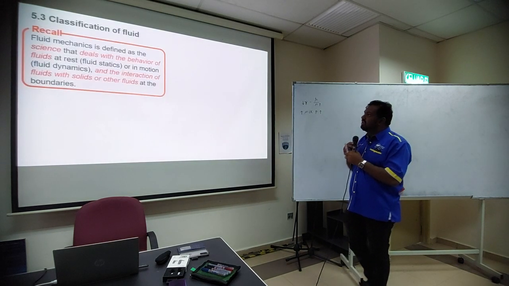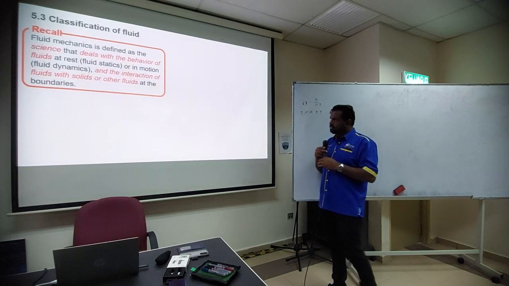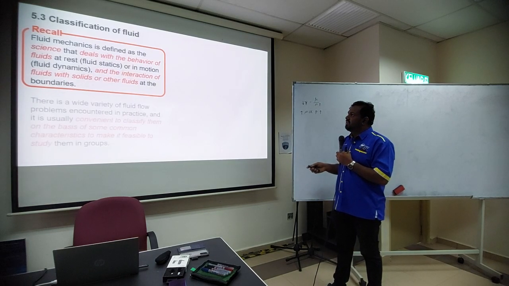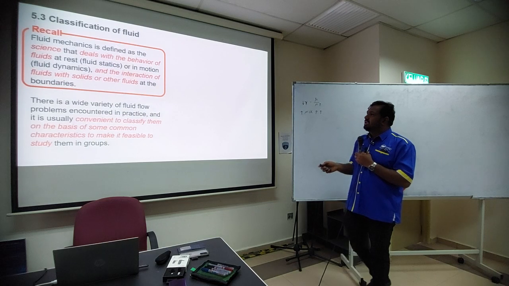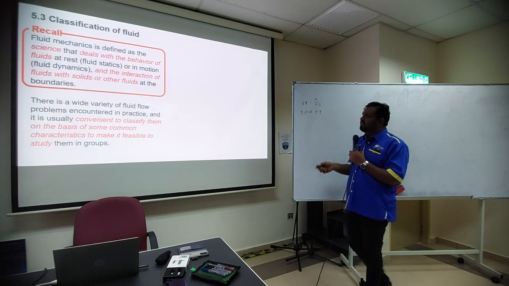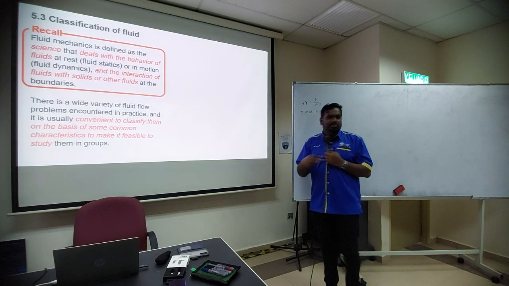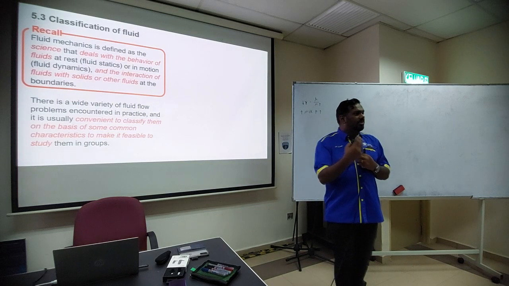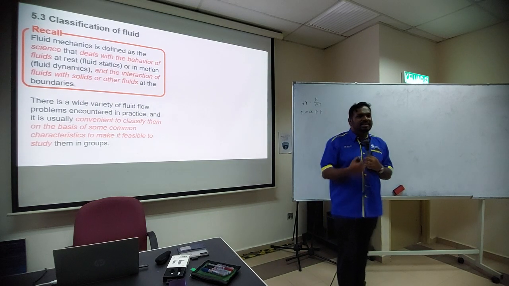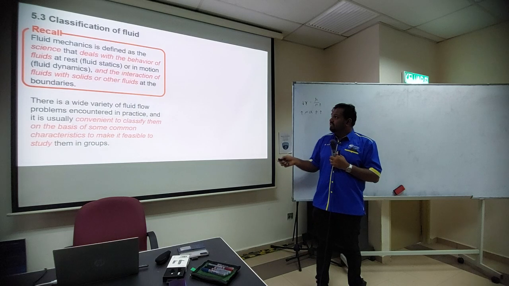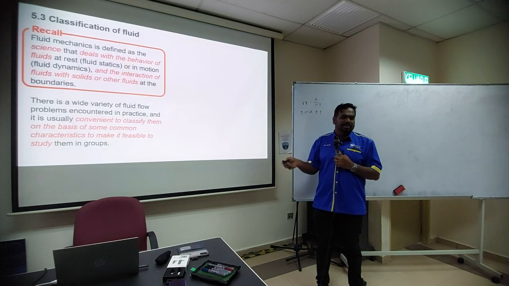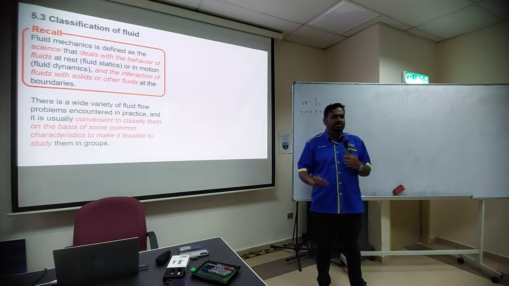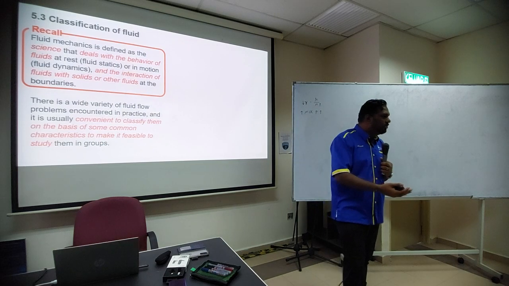Okay, so classification of fluid. Fluid mechanics is defined as the science that deals with the behavior of fluid at rest and in motion. There are two types of fluid that we are going to investigate. One is static fluid, meaning the fluid at rest, not moving, like in a pond or swimming pool.